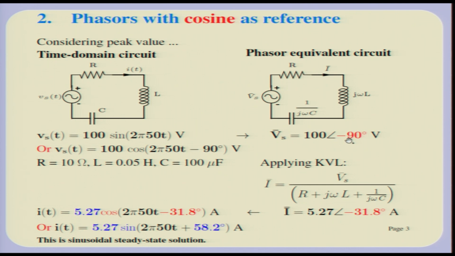So if you take cosine as reference, the same analysis can be done, and finally the current phasor also looks different in the cosine domain, but you get the same answer as before. So if you are in the phasor domain, as long as you know whether you are using the cosine or the sine as the reference, you can finally get a time domain solution.